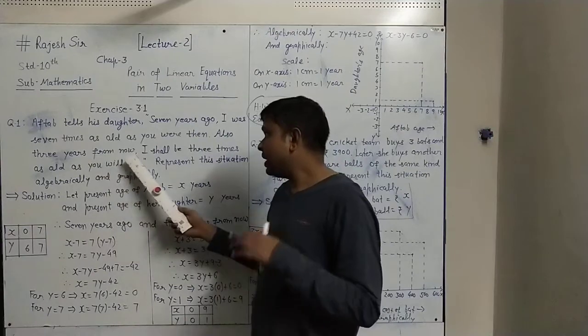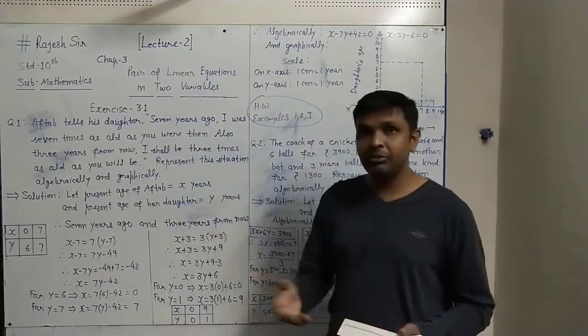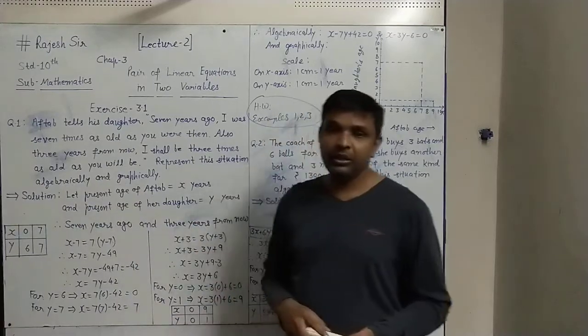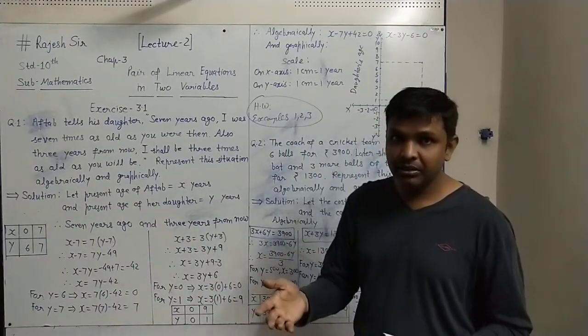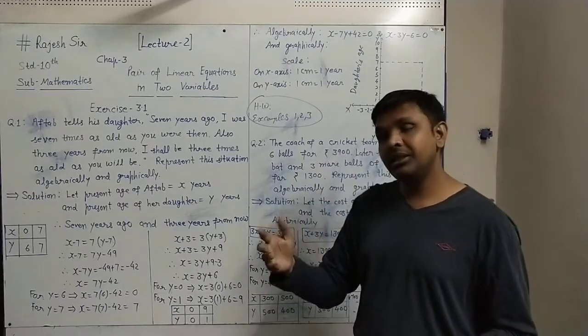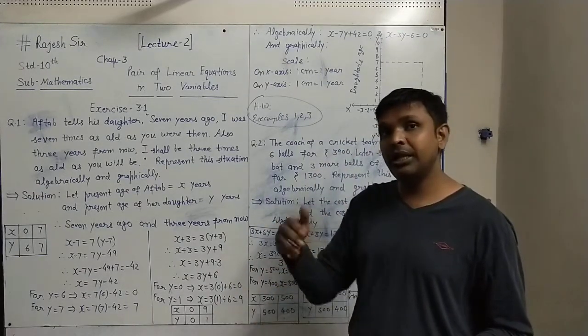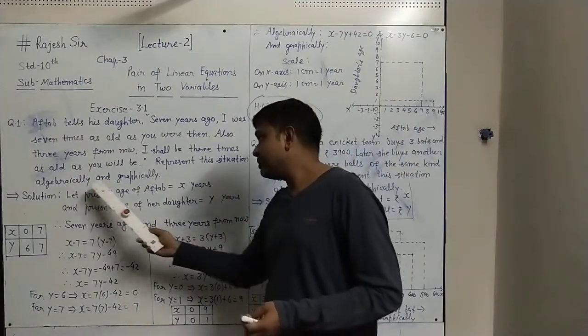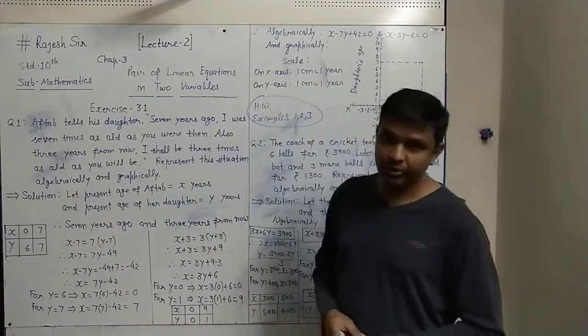Also, 3 years from now, means after 3 years from now, I shall be 3 times as old as you will be. If you consider after 3 years, Aftab will be 3 times as old as his daughter will be. Represent this situation algebraically and graphically, both ways.